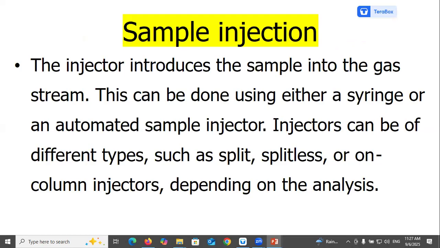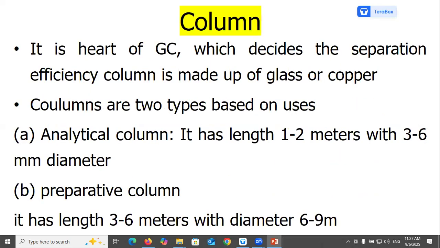This can be done using either a syringe or an automated sample injector. Injectors can be of different types, such as split, splitless, or on-column injectors, depending on the analysis.